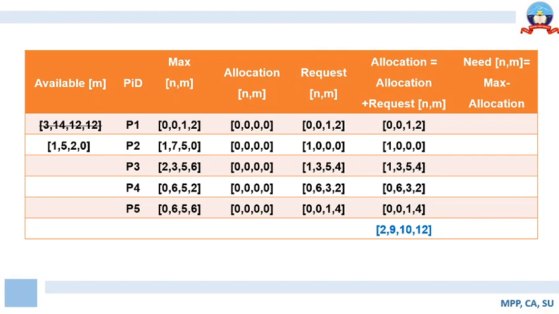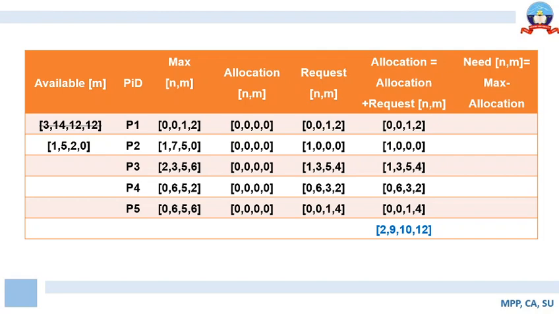So 2, 9, 10 and 12 instances of R1, R2, R3, R4 have been allocated to the processes P1, P2, P3, P4, P5 based on the request matrix. So here we have allocated resources to the 5 processes based on the request matrix, right?